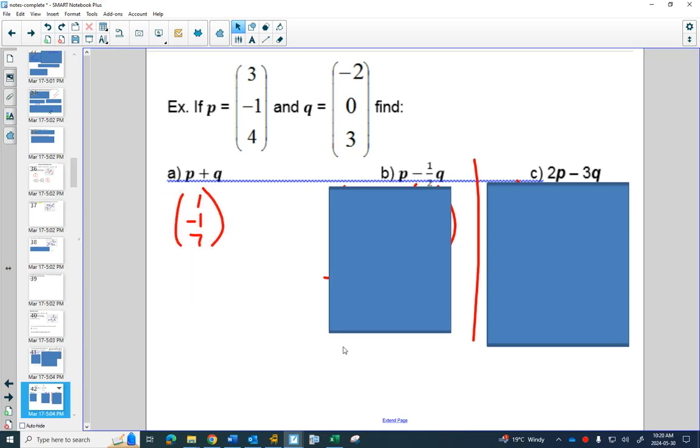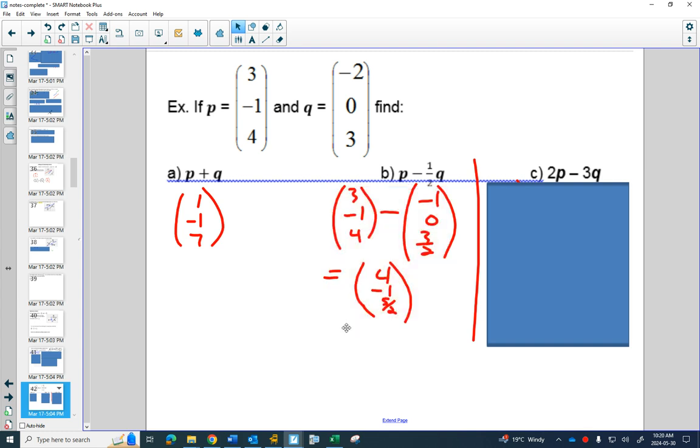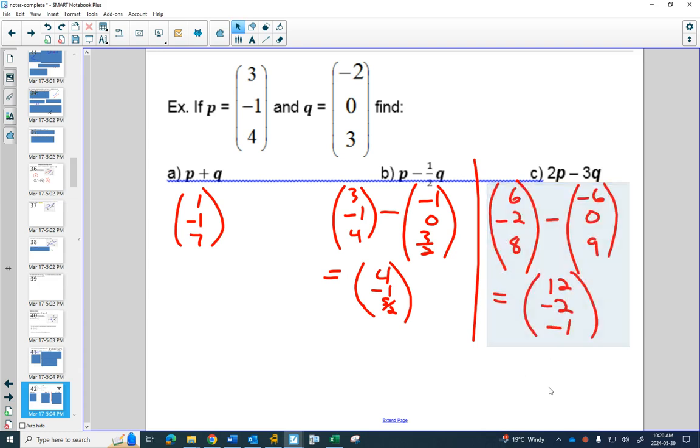Check. Did you get 1, -1, 7? 4, -1, and 5/2. And 12, -2, and -1. Which one?